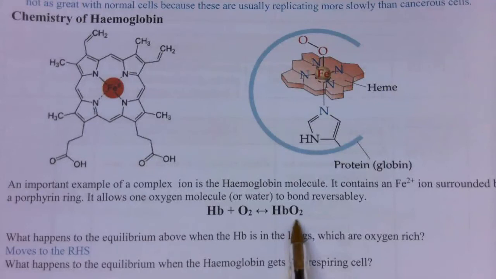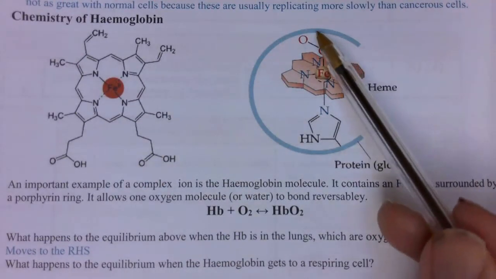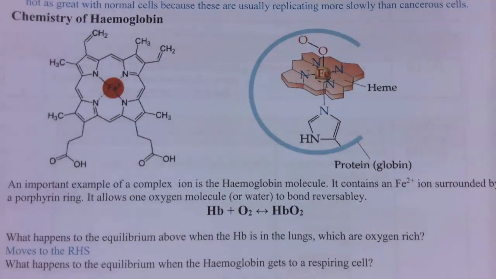Once it moves to a cell where there's a lower concentration of oxygen, the equilibrium position moves to the left-hand side, releasing that oxygen. The problem with things like carbon monoxide is they will bind irreversibly onto the heme molecule, making it very toxic. And this is an example of ligand exchange.